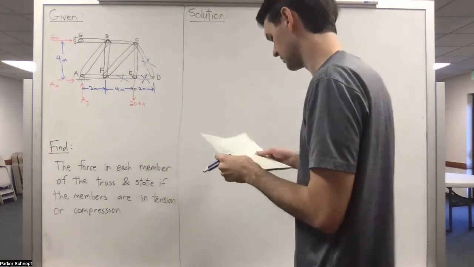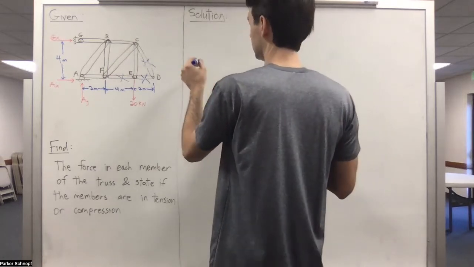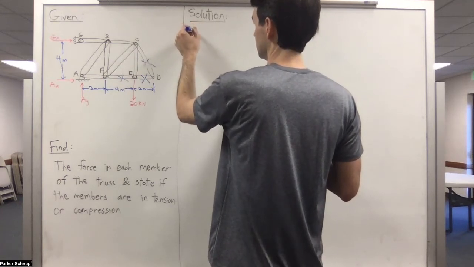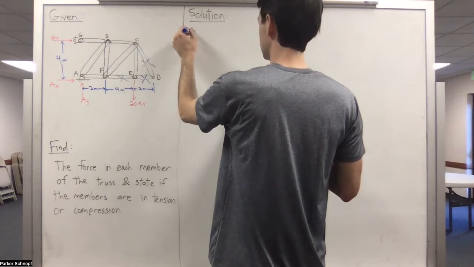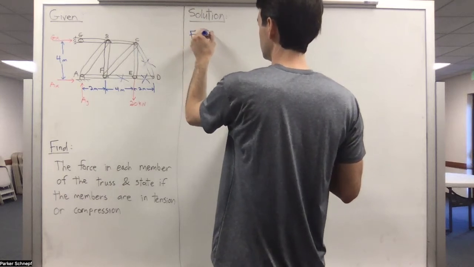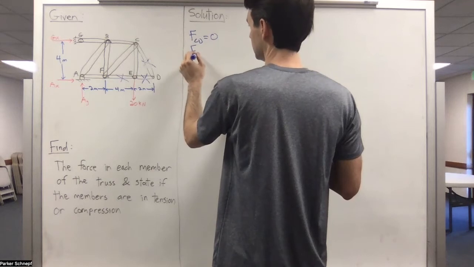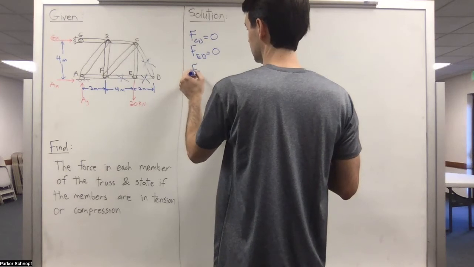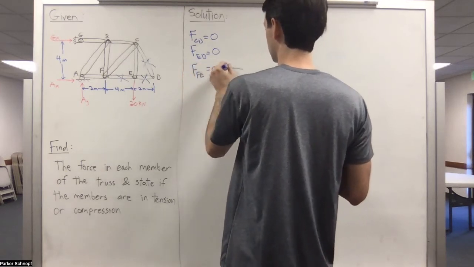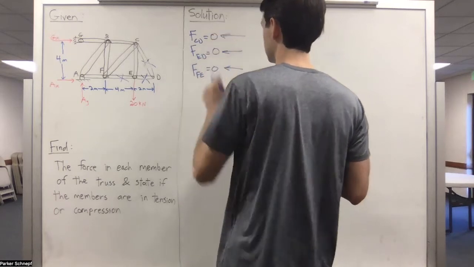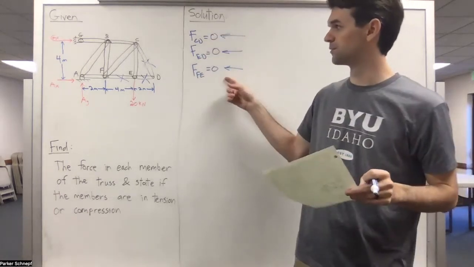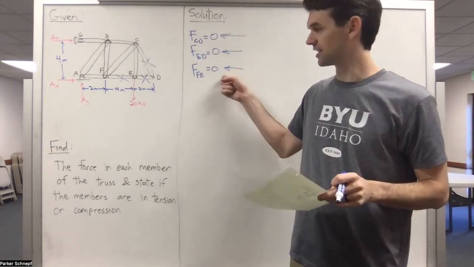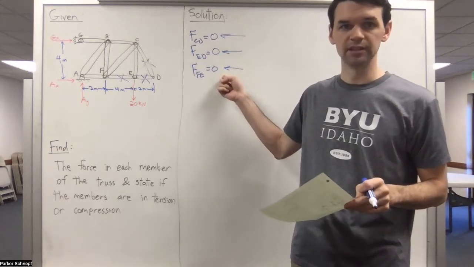So we can state right off the top that F_CD equals 0, F_CD equals 0, and F_FE equals 0. So good job, we identified our zero force members. That helps us not have to spend as much time actually solving. So that's like step 0 of these problems.